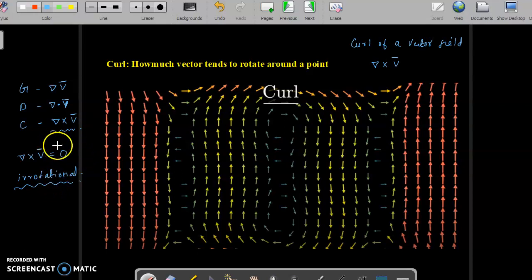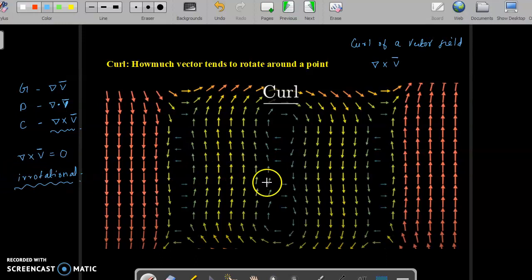So we can conclude with this operation whether the vector field is rotating or not, because in some cases we know that the vector field will bend. In a magnetic field and electric field the lines of force start from plus to minus, and at some point they need to bend. There are no straight lines of force.